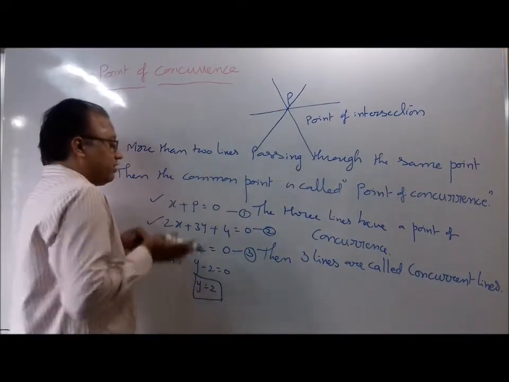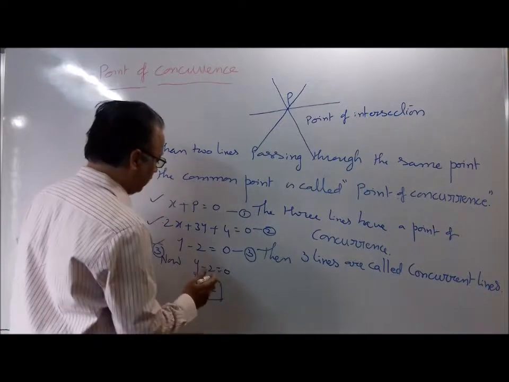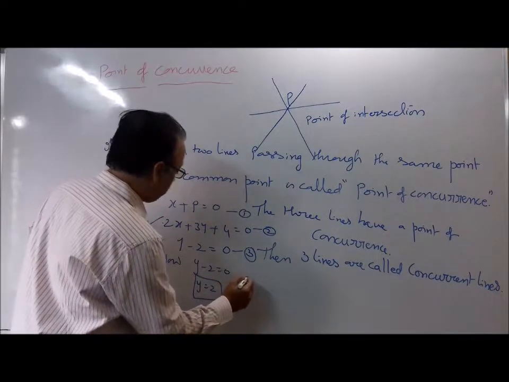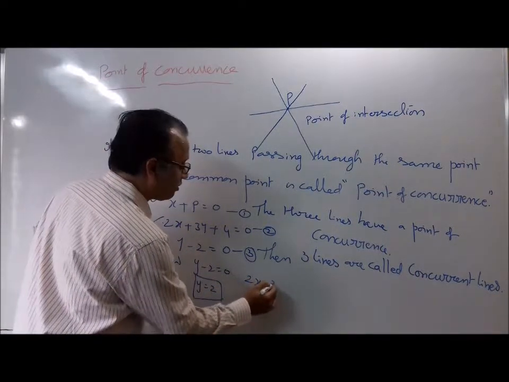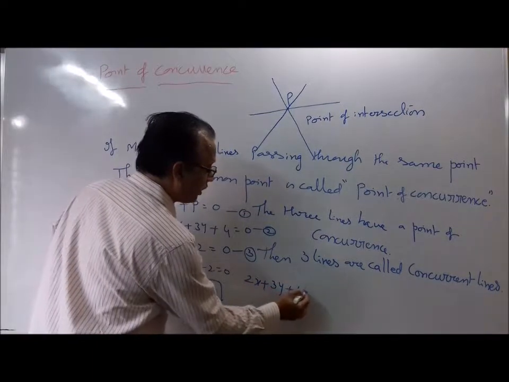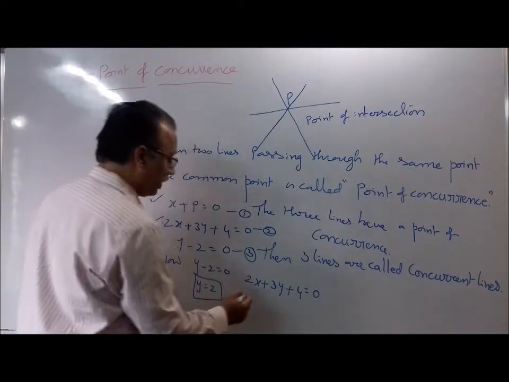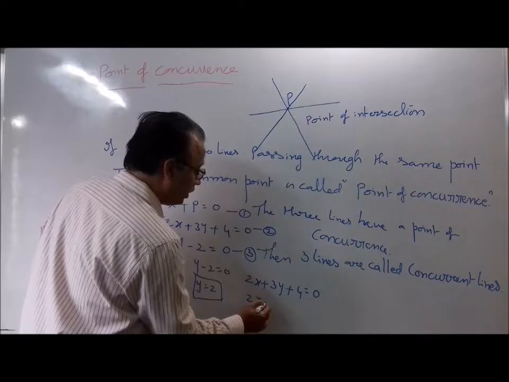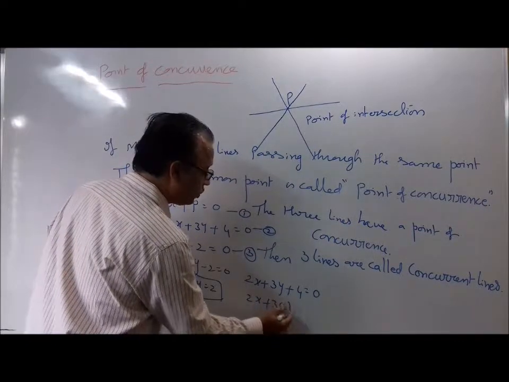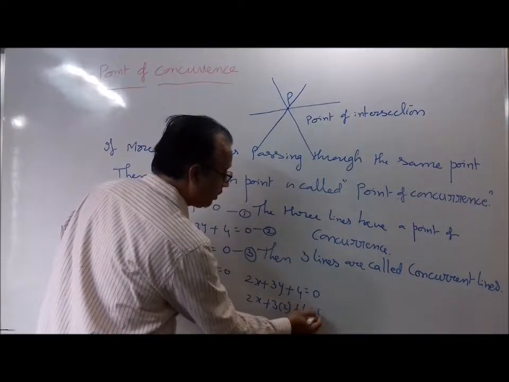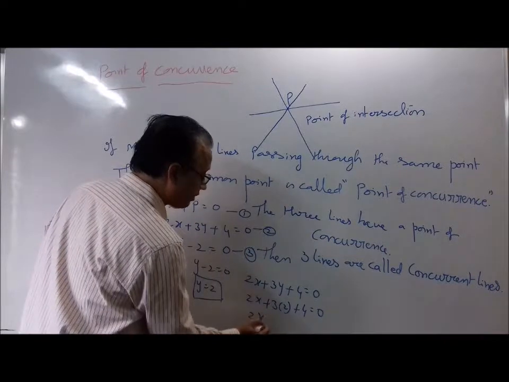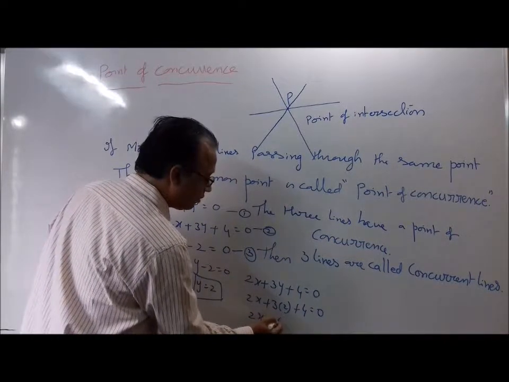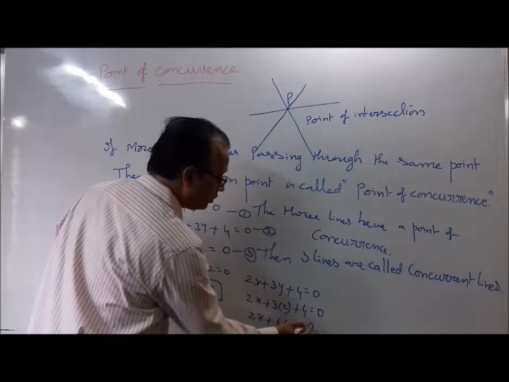Now substituting this in the second one, I get the x value. So 2x plus 3y plus 4 equal to 0. That is 2x plus 3 into 2 plus 4 equal to 0. So 2x plus 6 plus 4 equal to 0.